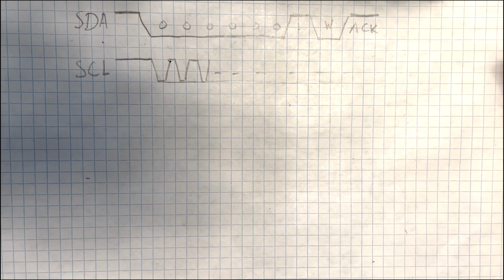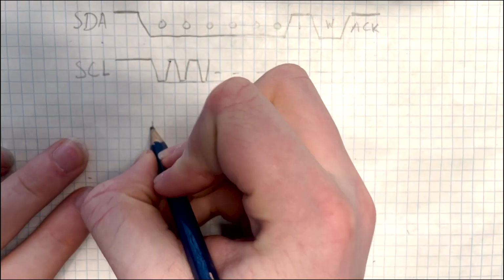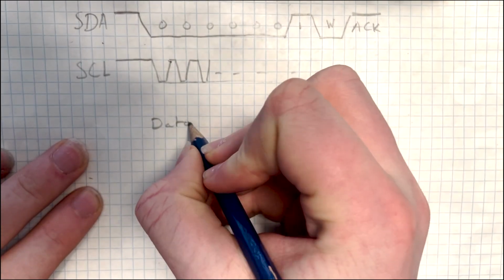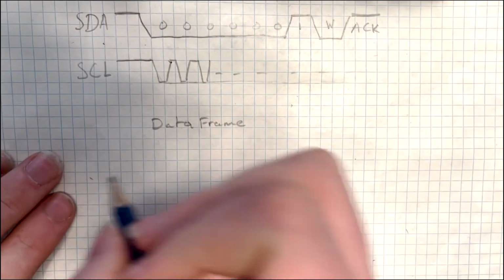So once the address frame has been sent, and the controller knows which peripheral it is sending data to or receiving data from, and the peripheral is ready to do that, then the data bytes, or the data frames, will be sent either way. So a data frame just looks like a string of 1s and 0s.